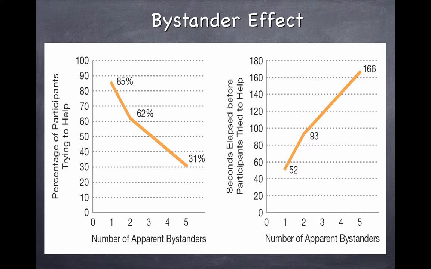So when others seem calm, it's common to conclude that nothing is wrong and no intervention is necessary. And so for the bystander effect, there is a solution, and essentially it is about taking responsibility and giving people instructions about what to do. One person needs to take responsibility and the rest will follow.